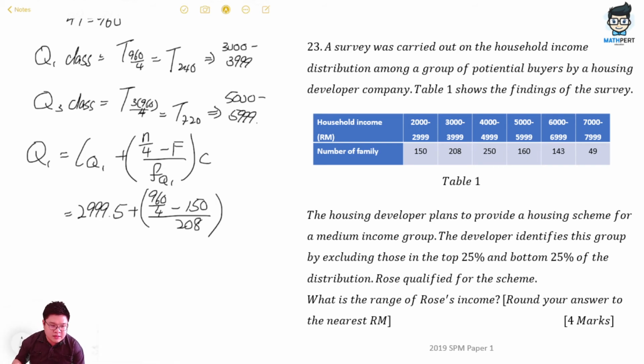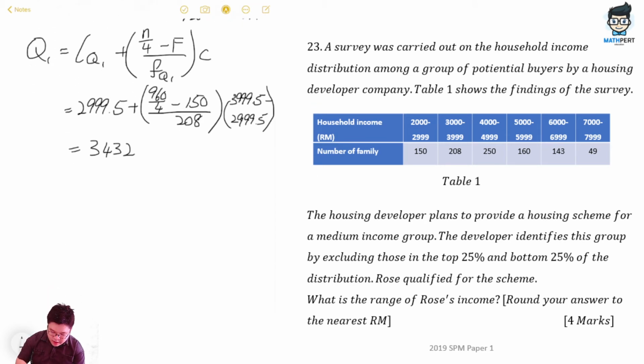C is the class size. So the class size will be the upper boundary minus the lower boundary. So upper boundary will be 3999.5 minus 2999.5. Alright, so the answer will be 3432. Okay, so this is our Q1.